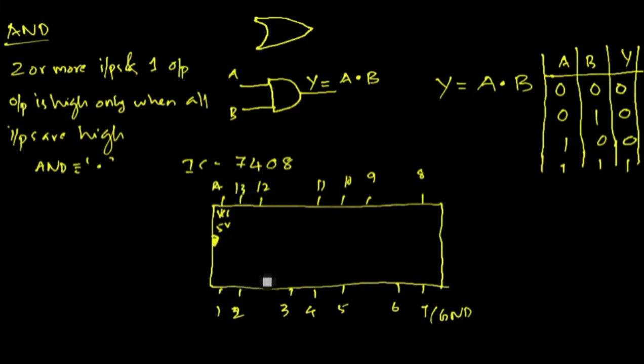The first AND gate is between the 3 pins 1, 2, 3, with 3 as the output and 2 and 1 as the input. 4 and 5 are the input and 6 is the output for the next gate, and 8 is the output and 9 and 10 are the input.